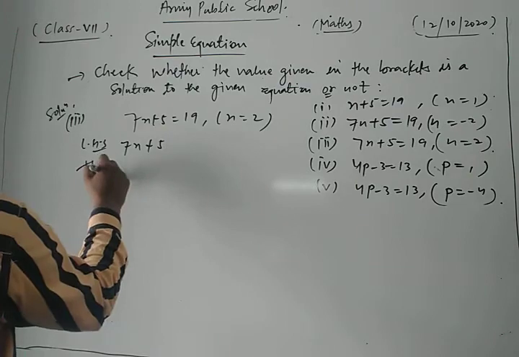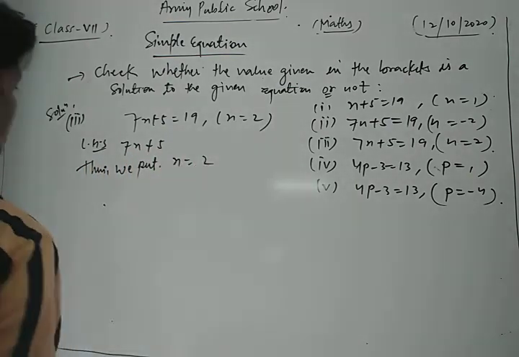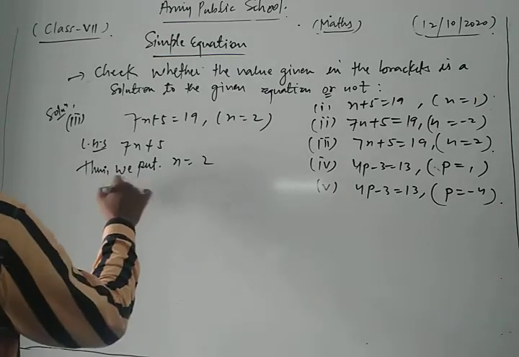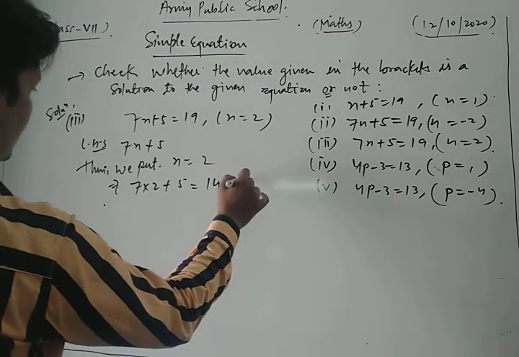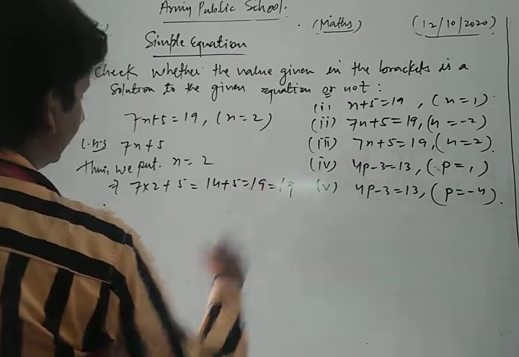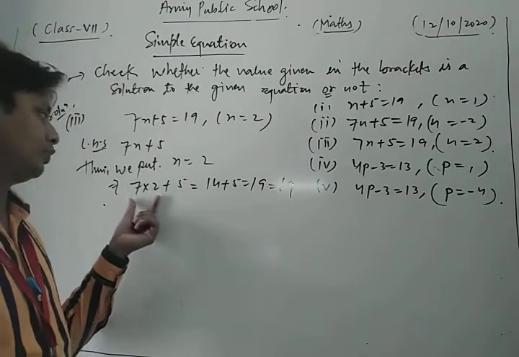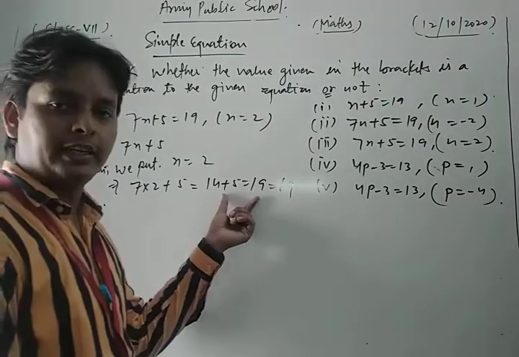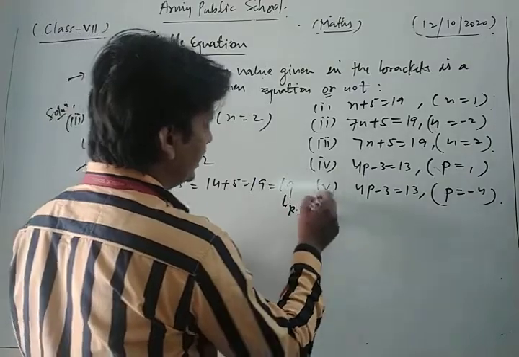We put n = 2. Then we get 7 times 2 plus 5, that is 14 + 5, which is 19, and this is equal to 19. This is the RHS.